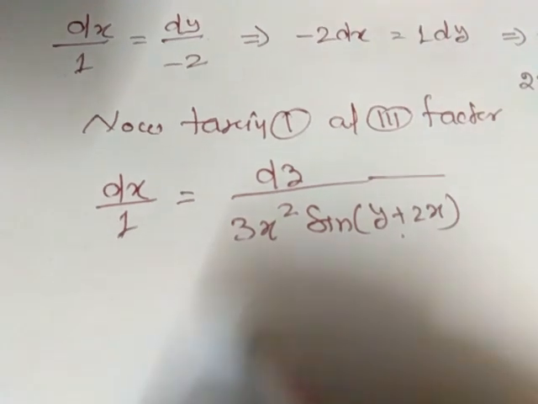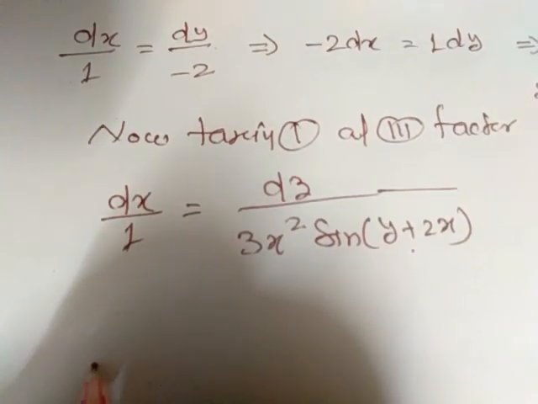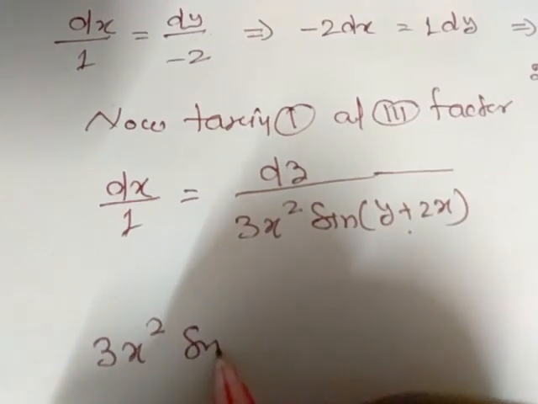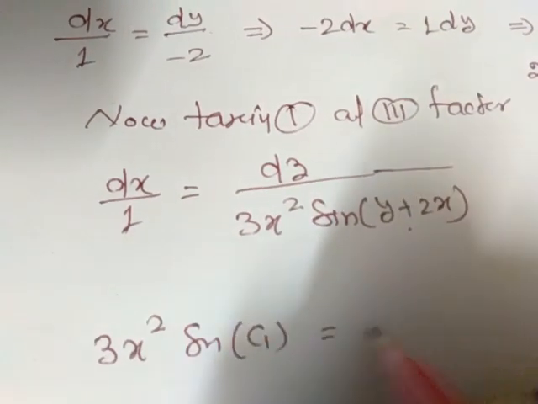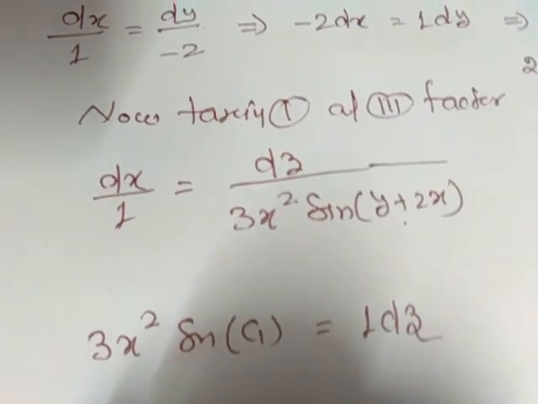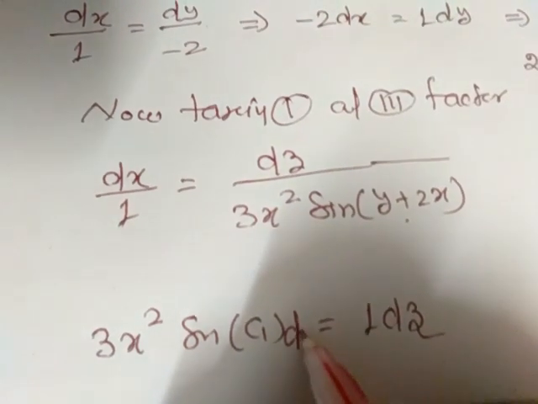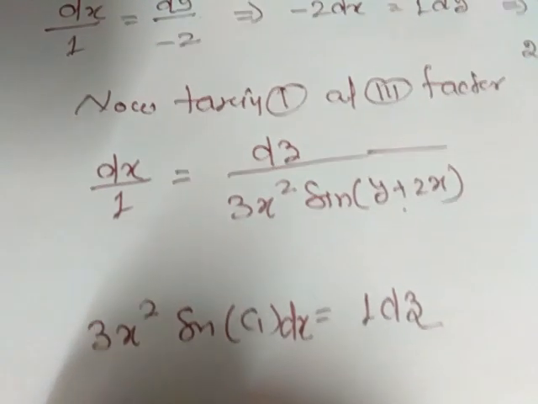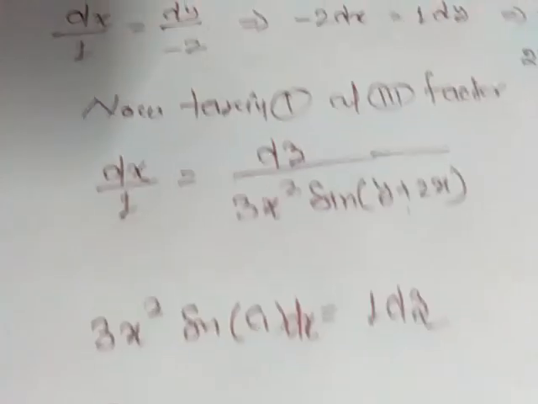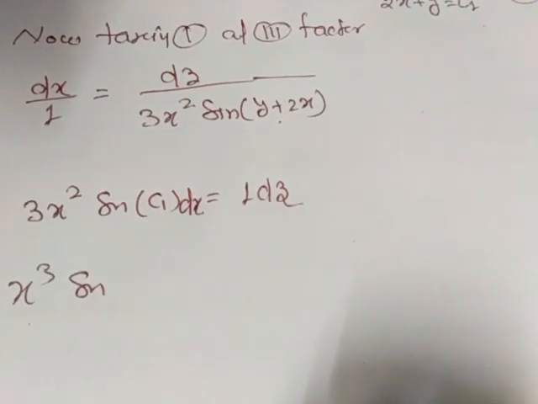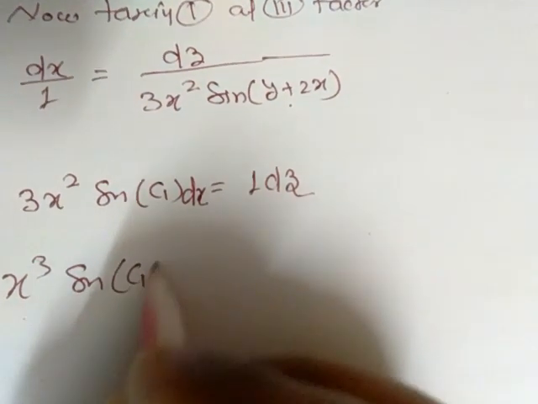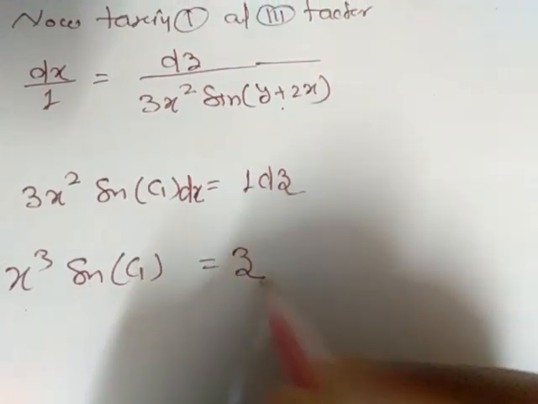This can be obtained as 3x square sin c1 dx is equal to 1 dz. Here this will be dx. Then we get x cube sin c1 is equal to z.